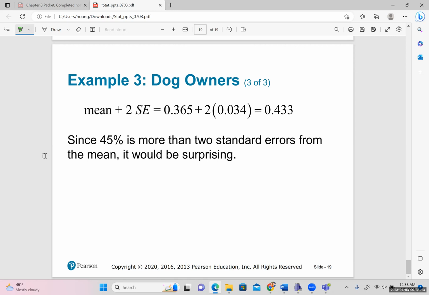As you see, this gives 0.433, which can be rounded to 43.3%. That means 45% is more than 2 standard errors from the mean. So it is unusual, and we can say it would be surprising.